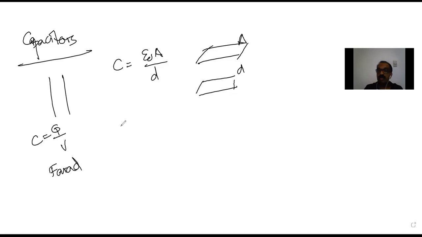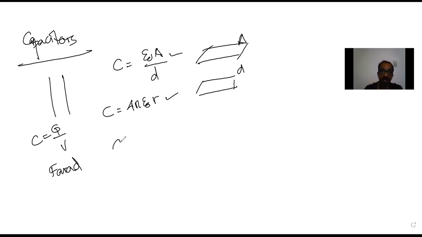That's the case when there is free space or air between the two plates of the capacitor. Then we have another concept: the capacitance of a spherical capacitor will be 4 pi epsilon 0 R. Memorize this equation also. So the capacitance of a spherical capacitor is directly proportional to the radius, and the capacitance of a parallel plate capacitor is directly proportional to the area of the plates.